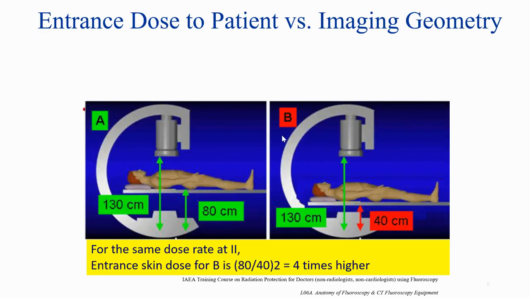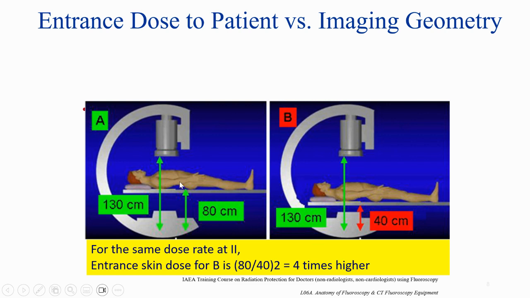What is the best geometry? The best geometry here, as you can see, is to keep the X-ray source as far away as you can from the patient. In geometry A, the X-ray tube is at 80 centimeters from the patient, while in geometry B, the X-ray tube is close to the patient at 40 centimeters.